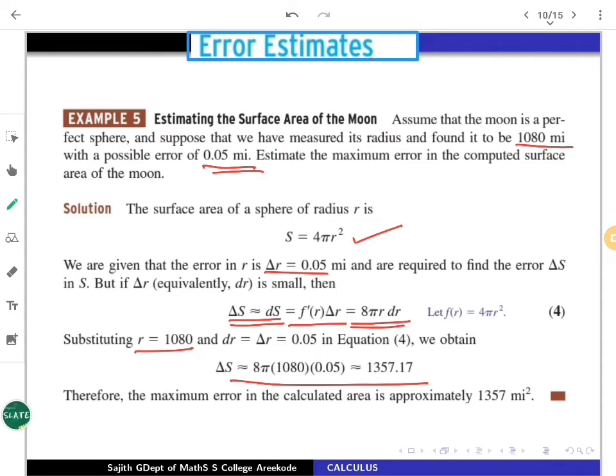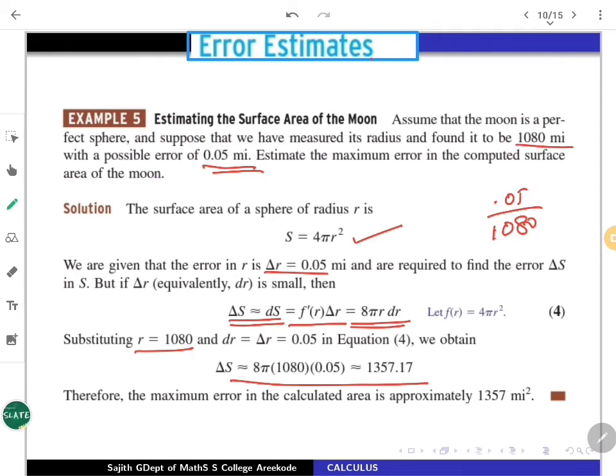While a reading is taken with 0.05, the error is occurring for the dr or delta r part, and we know that 1080 is the total r. So if you are measuring that quotient dr by r, it will give a relative error, right? So 0.05 divided by 1080 will give the relative error in r.